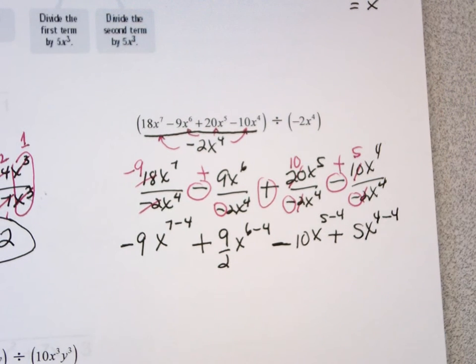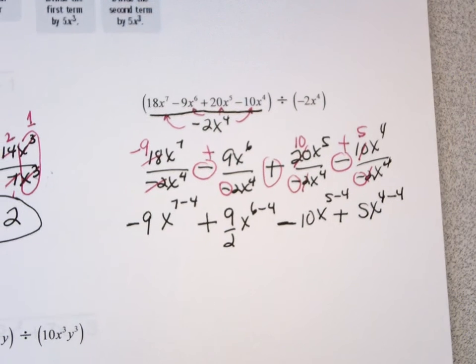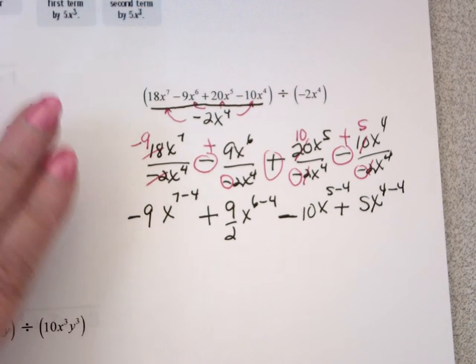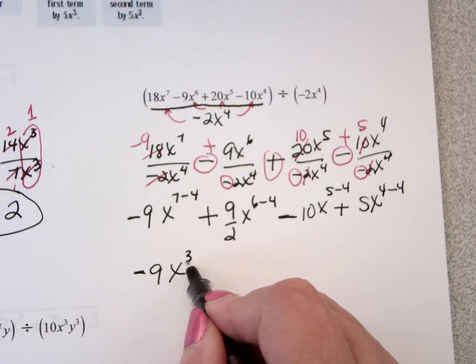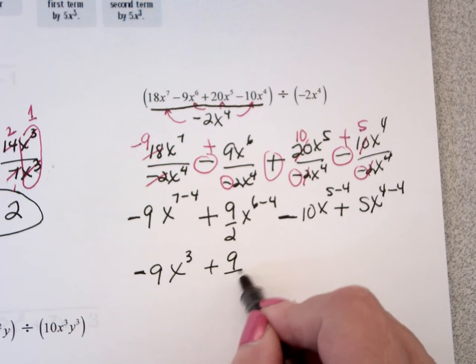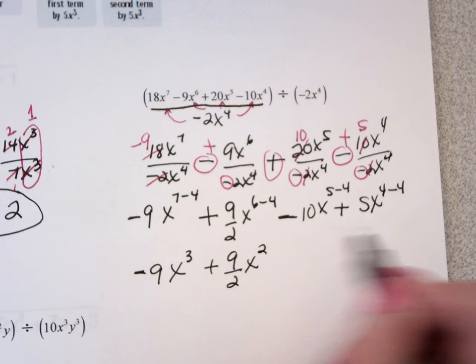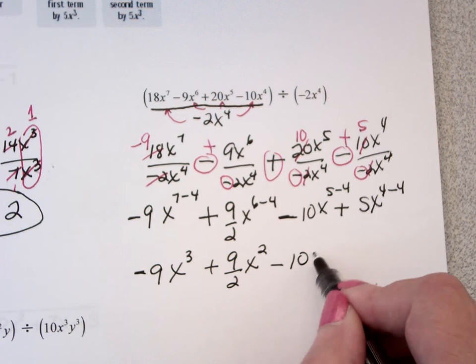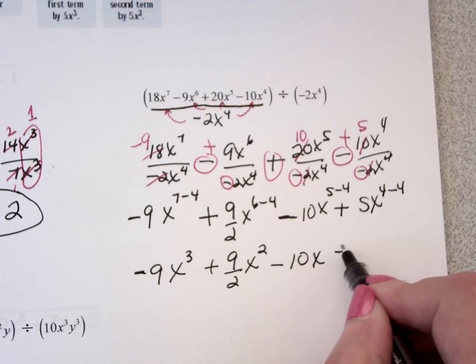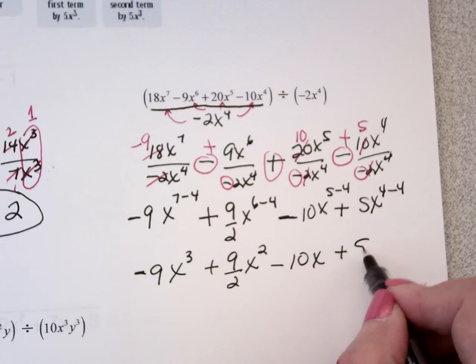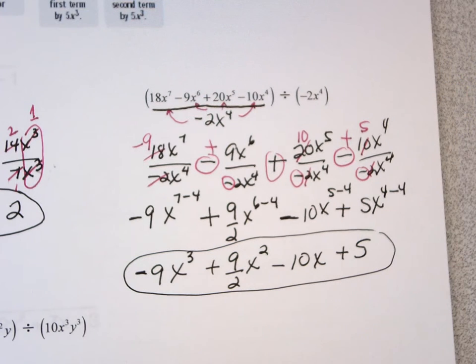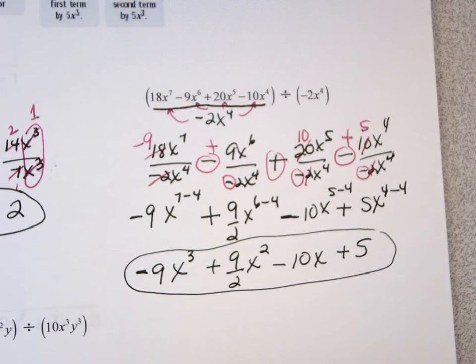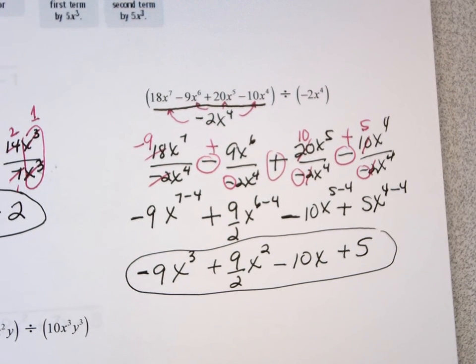That's going to be x to the 0, but I know x to the 0 is 1. So this becomes negative 9 x to the 3 plus 9 halves x to the 2 minus 10 x to the 1 plus 5x to the 0, and x to the 0 is 1. And then that's your answer. Now that's that problem worked the other way. And you'd end up with the same answer regardless of what way you worked it.